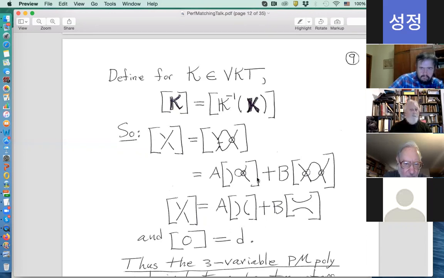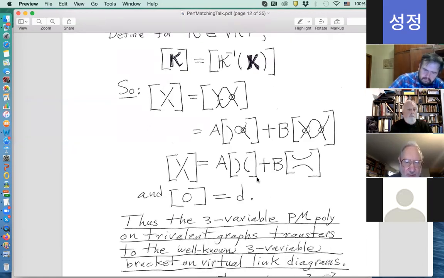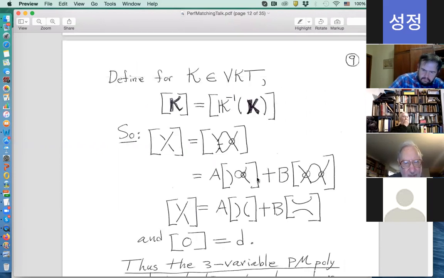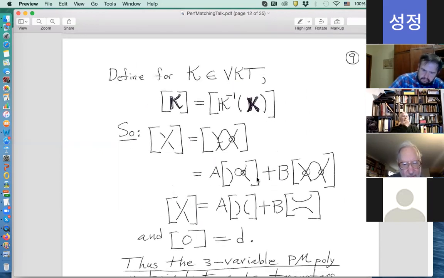So what we see here is that the perfect matching polynomial on the graphs corresponds to the full three variable polynomial on the virtual knots. If you have a virtual knot diagram and you wish to get a corresponding graph, you take each crossing and replace it by the corresponding graphical edge and make a graph with a perfect matching in that way.